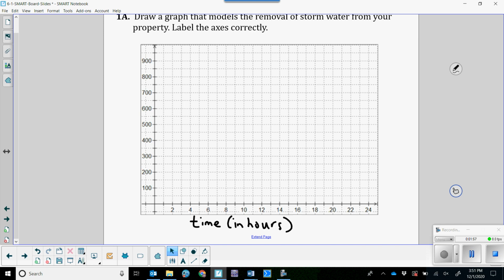Always be careful about that, because it could be hours, minutes, seconds, or days, so we can't just say time. The other part is a function that we'll name g of t, because we have gallons of storm water over time.